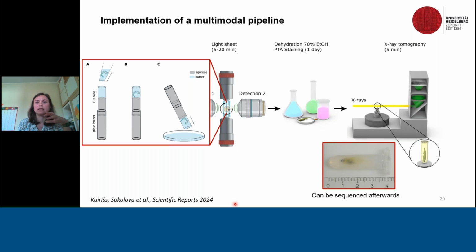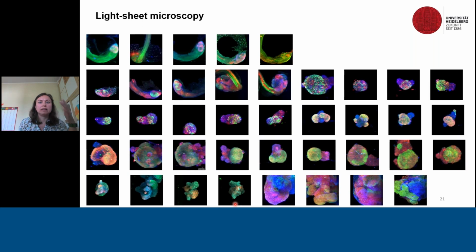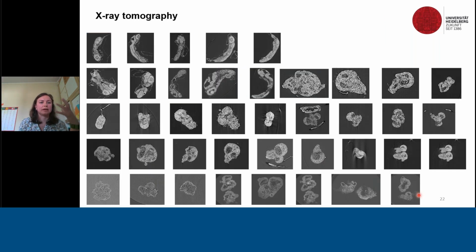And you can see here an example of the light sheet microscopy data on different types of specimens. There are 3 channels all the time. If afterwards one looks at the X-ray microscopy data, it looks like that.